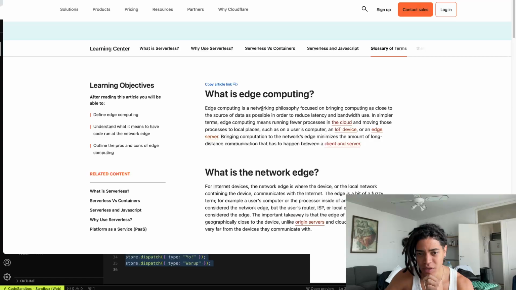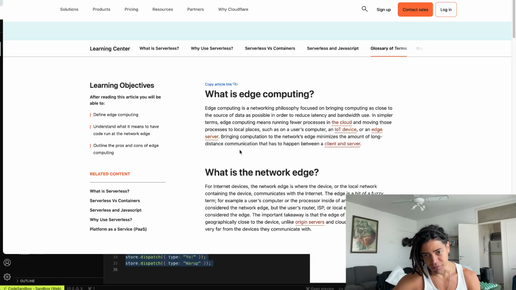And edge computing is a network philosophy focused on bringing computing as close to the source of data as possible in order to reduce latency and bandwidth. In simple terms, edge computing means running fewer processes in the cloud and moving those processes to a local place, such as a user's computer, an IoT device, or an edge server. Bringing computation to the network edge minimizes the amount of long-distance communication that has to happen between the client and the server.